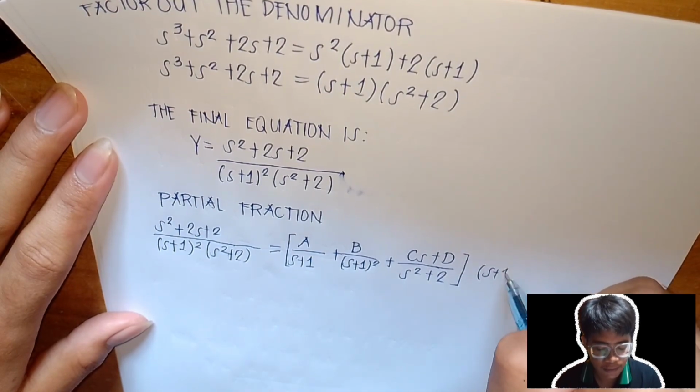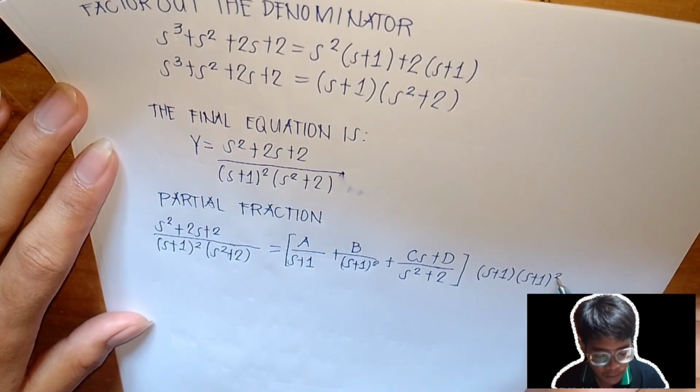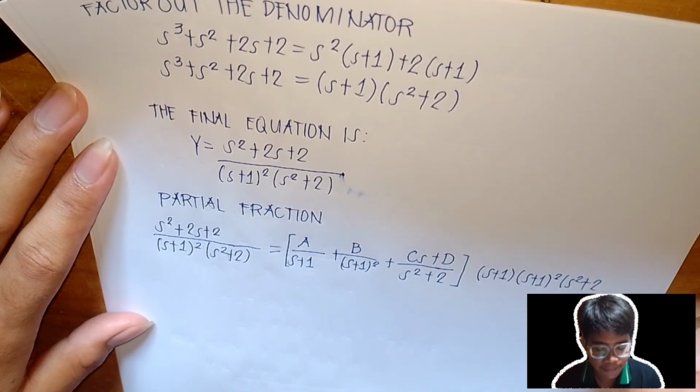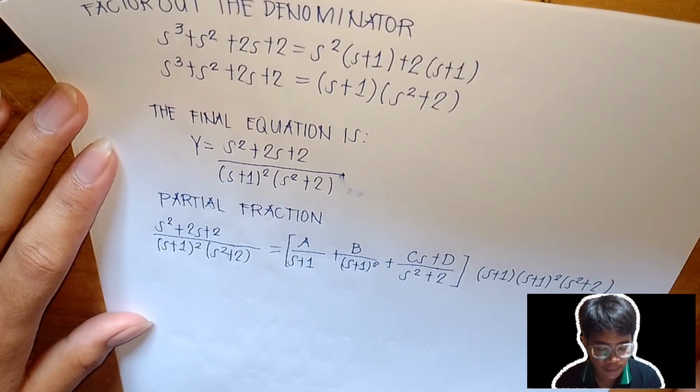And then multiply it by their denominators, s plus 1, s plus 1 squared, and s squared plus 2.